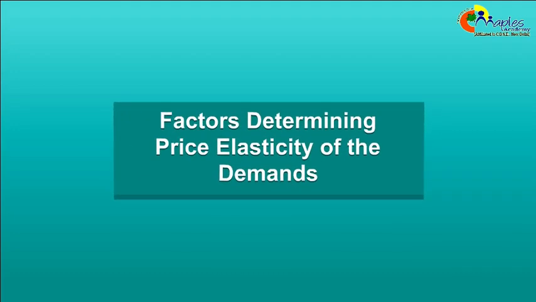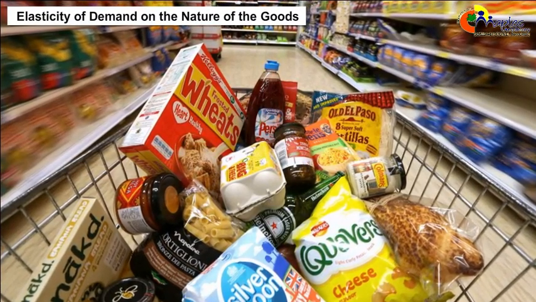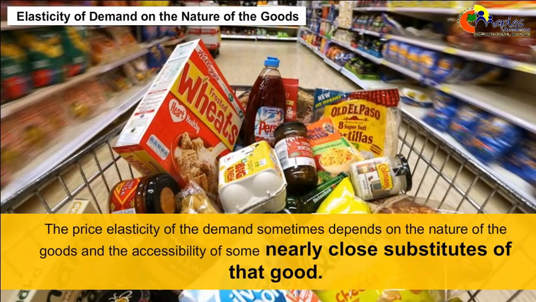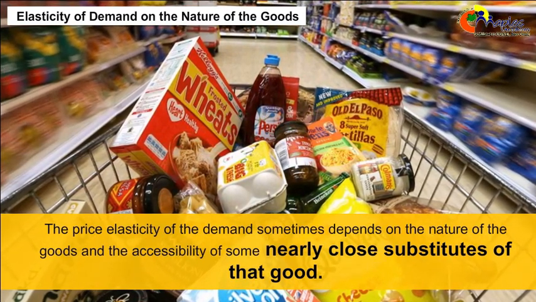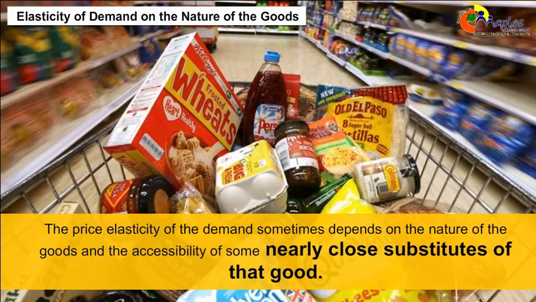Factors determining price elasticity of demand. Elasticity of demand and the nature of the goods. The price elasticity of demand sometimes depends on the nature of the goods and the accessibility of nearly close substitutes of that good.